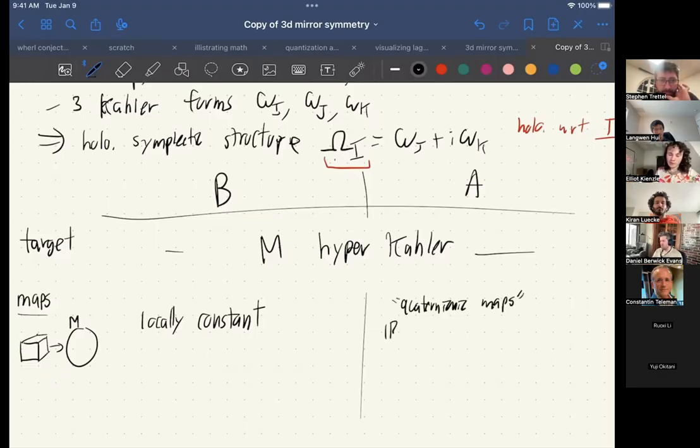Which is to say, if we think of R^3 as the imaginary quaternions, H is what I'm going to use to denote quaternions, then we're saying that the quaternionic structure of this map is going to be preserved.